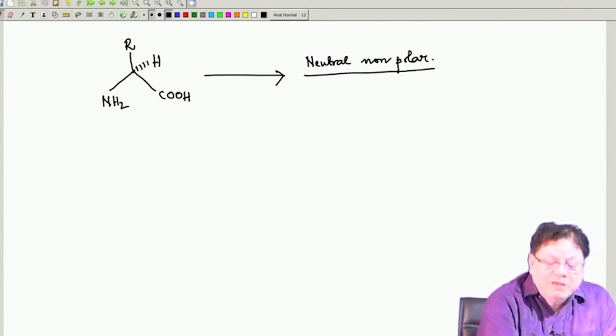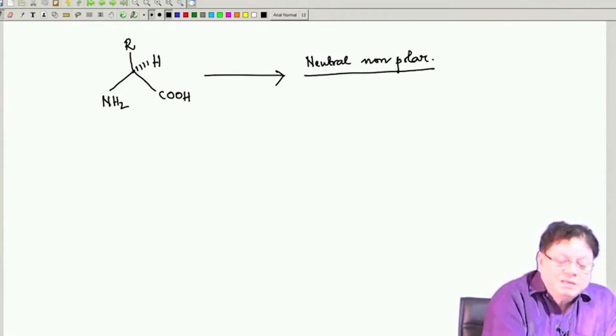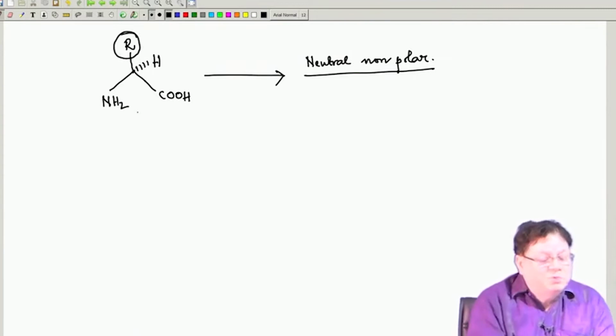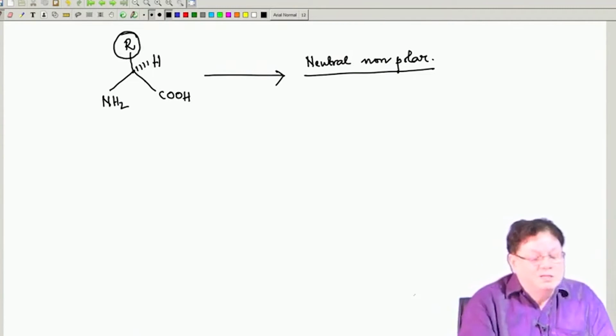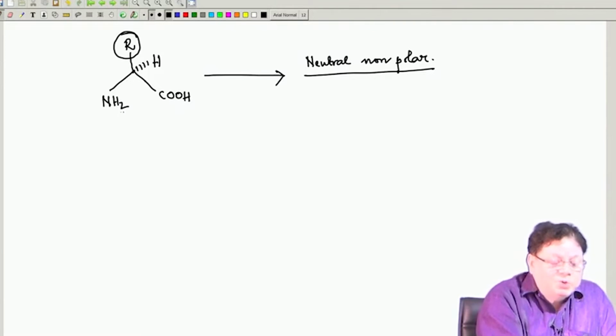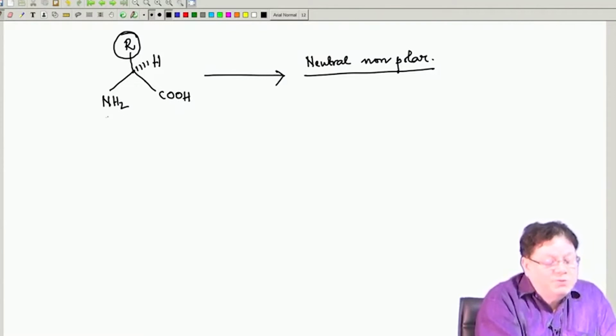So, the classification is based on this part only, because that is the part which is varying in different amino acids. NH2 is there for all amino acids, except again another amino acid, which is called proline, where this is NH and not NH2. So, that is a secondary amine. So, the only secondary amine containing amino acid is proline.